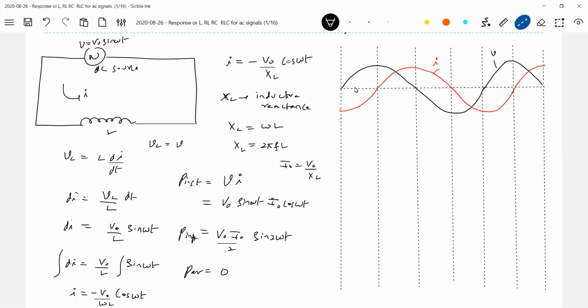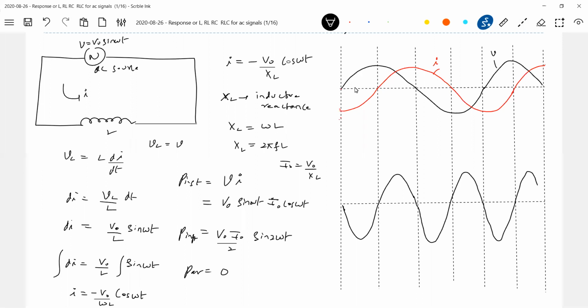Then when I plot the graph again, similar to the RC circuit, what we did. First, negative means it will draw energy from the source, then it will return.